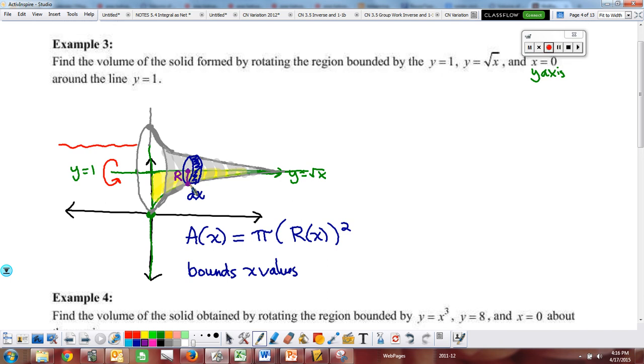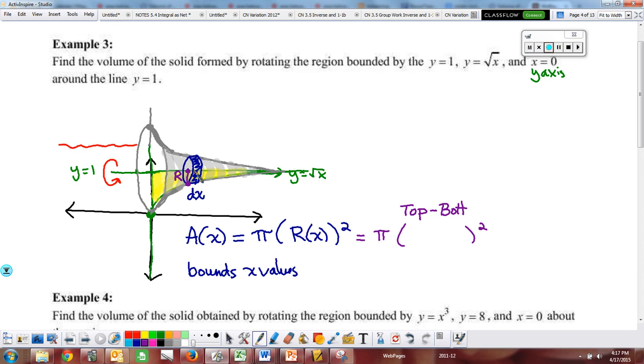And your job is, now you have to find r in terms of the region that you started with. Now remember, top minus bottom. I can't say that enough. When I do this r of x and I put it in, because area is always positive, because this is an x, I need top minus bottom.